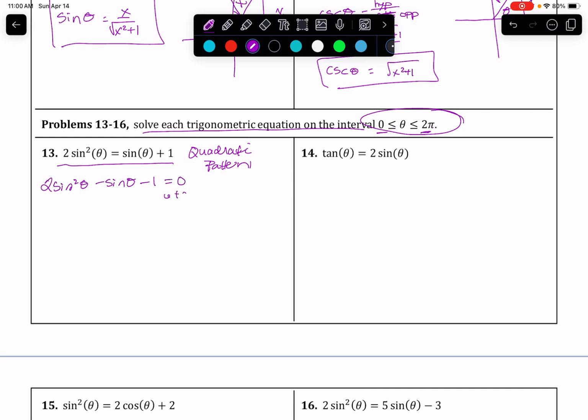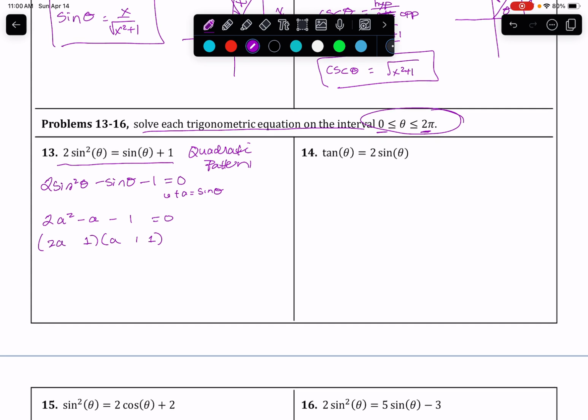So then if we let a equal sine theta, we have 2a squared minus a minus 1 equals 0. And that factors to 2a, this has to be 1, this has to be 1, and we want to have two negatives and 1 positive. So that would be 2a plus 1 and a minus 1.